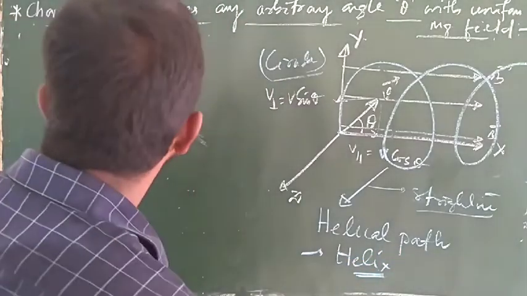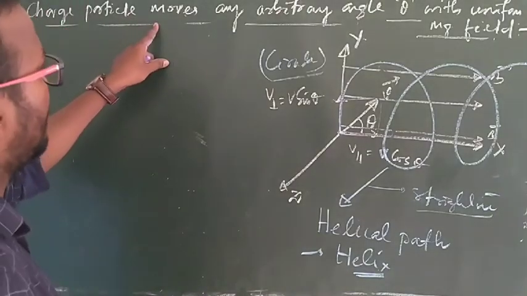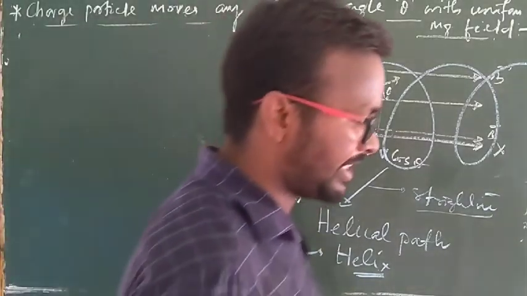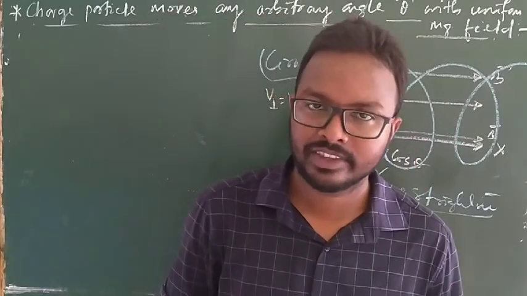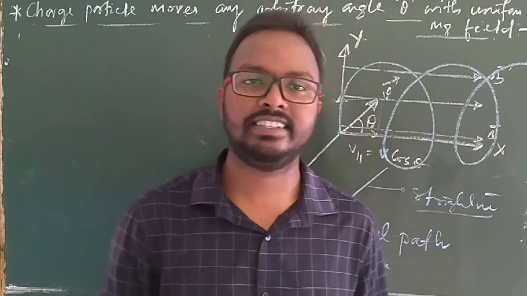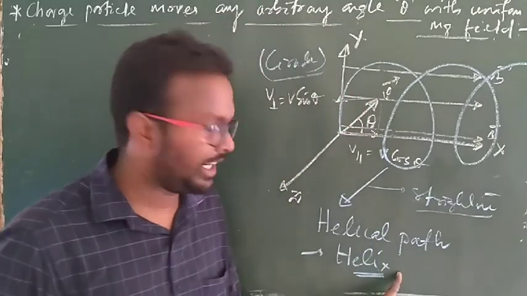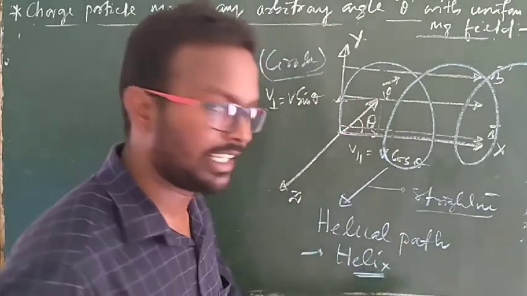Clear? So if a charged particle moves at any arbitrary angle theta to the direction of the magnetic field, then the path of this charged particle is a helix, and that path is known as a helical path.